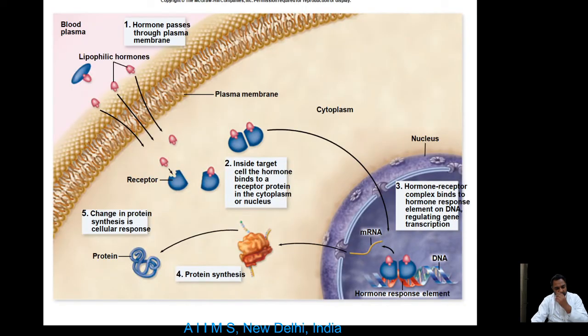So what happens when this hormone enters the cell, in the cytoplasm? It will bind to the HRE, that is the hormone response element. When it binds to the HRE, that HRE gets activated, and when it gets activated, it can travel into the nucleus, and there it can act as a transcription factor.